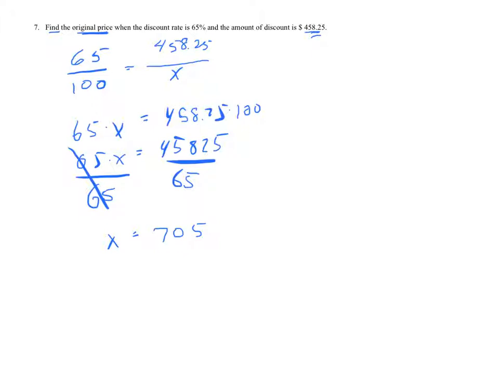The discount rate is given as 65%, and the amount of discount is $458.25. So that $705 is, again, the original price.